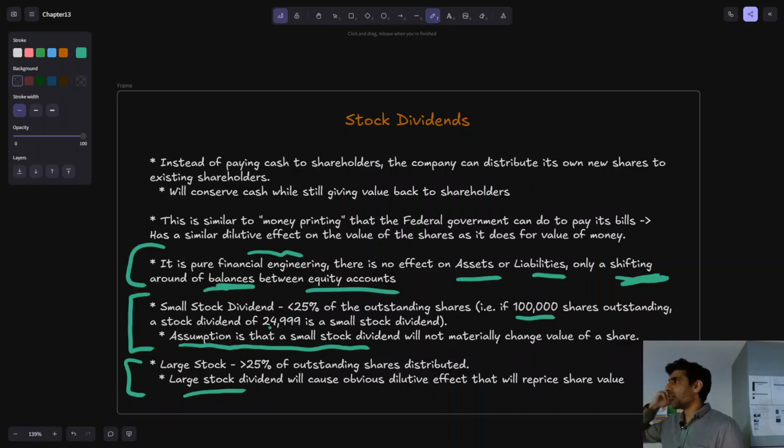For example, I think we saw with Amazon, there's like 10 billion shares outstanding. If we created 500,000 new shares, it's not really going to change the per stock value in the stock market materially. But if we issued 5 billion more shares, it will. So this is the logic between small versus large stock dividend.